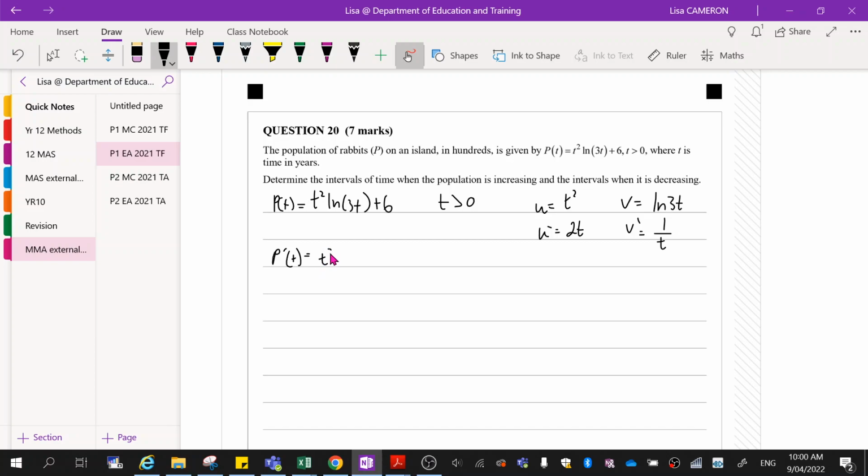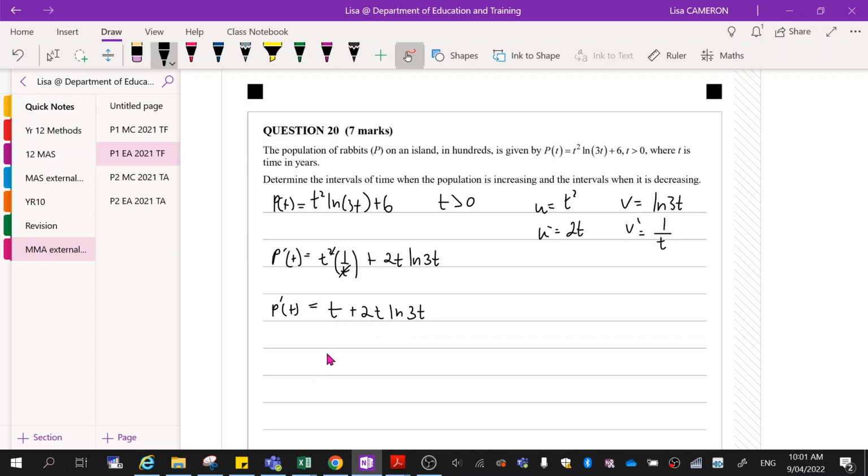So t squared times 1 over t plus 2t times ln 3t. This one will cancel out with that one, and I'll just be left with the derivative being t plus 2t ln 3t. So that is our first derivative.